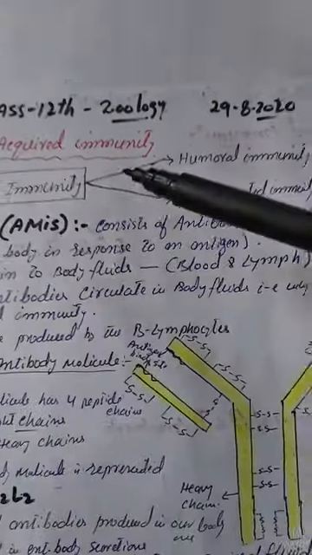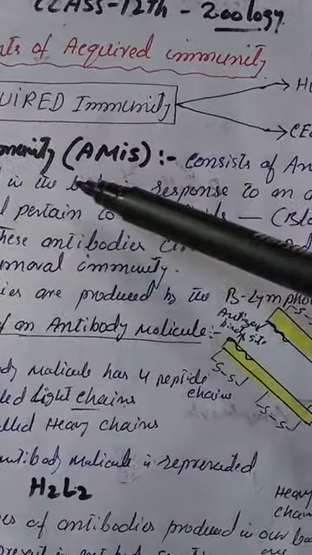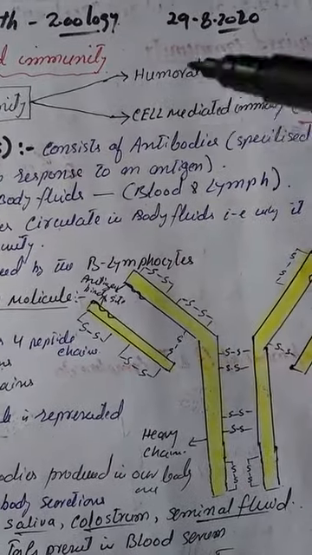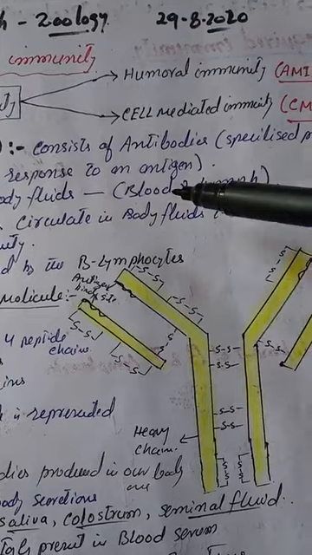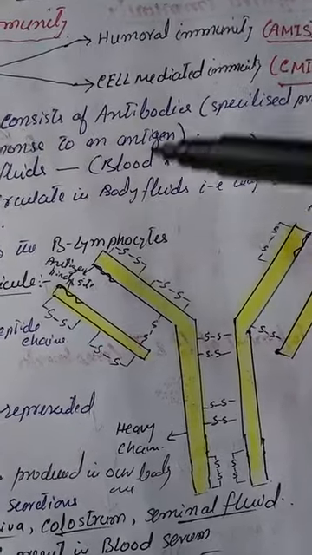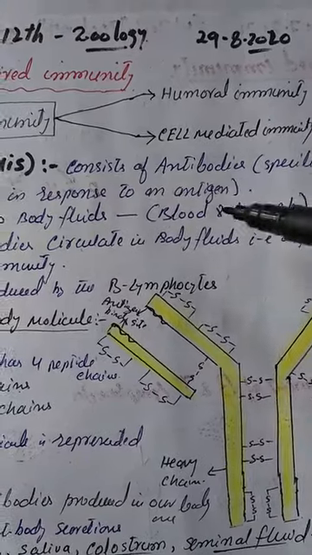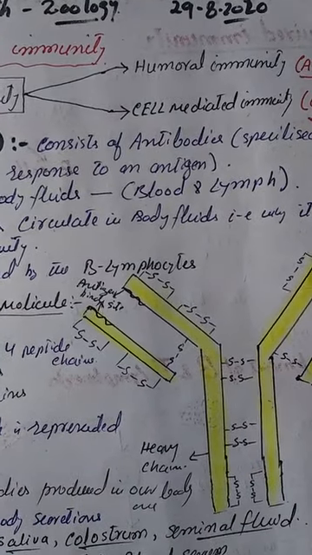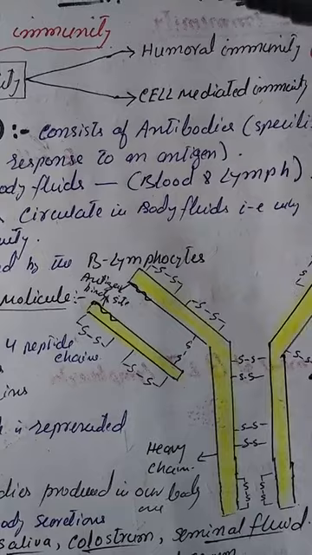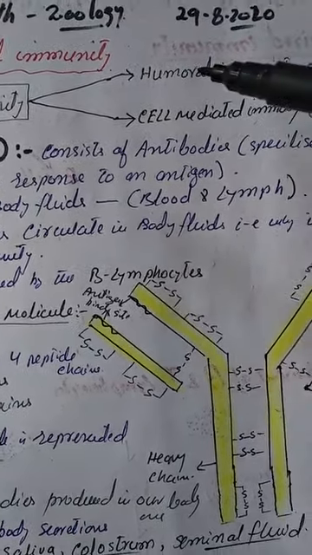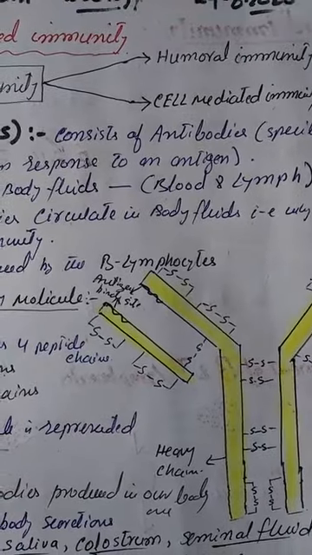Now this humoral immunity consists of antibodies. As you already know, antibodies are specialized protein molecules produced in the body in response to an antigen. The word humoral pertains to body fluids like blood and lymph.